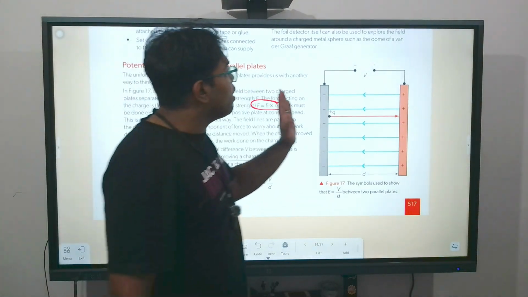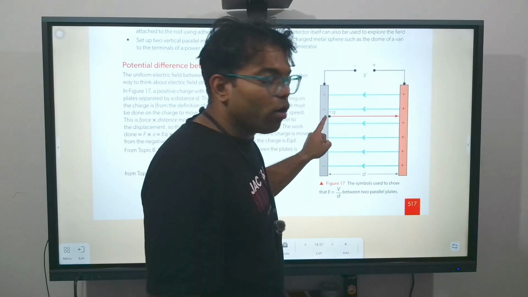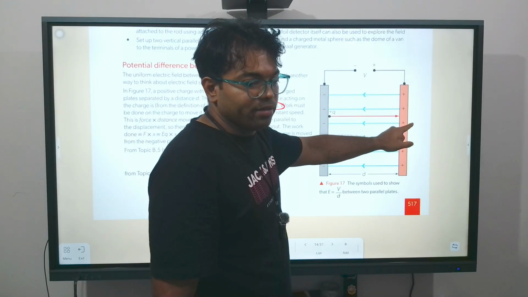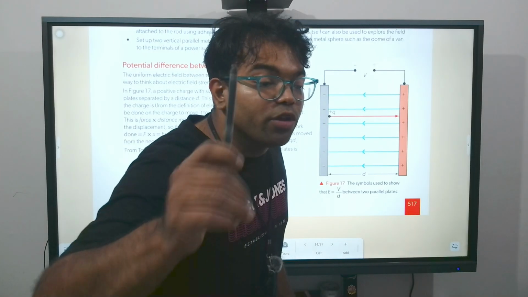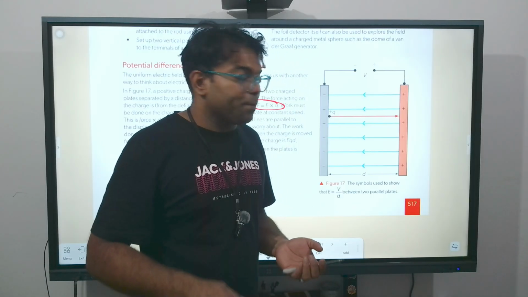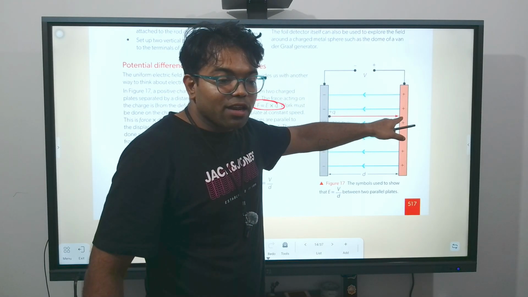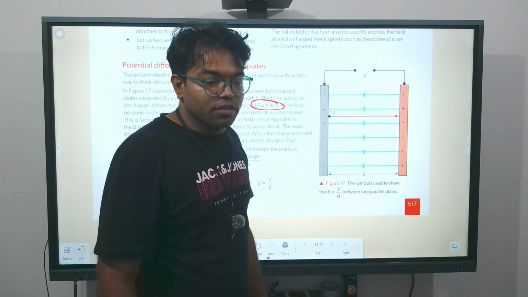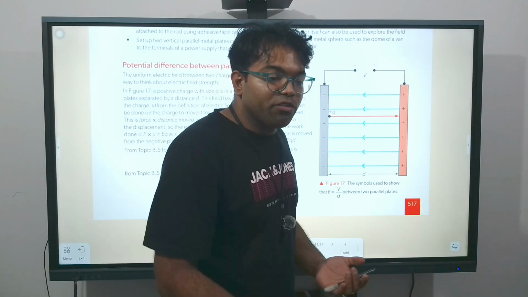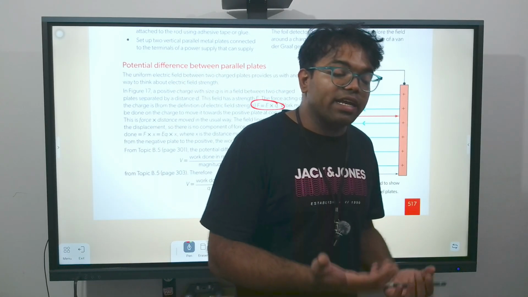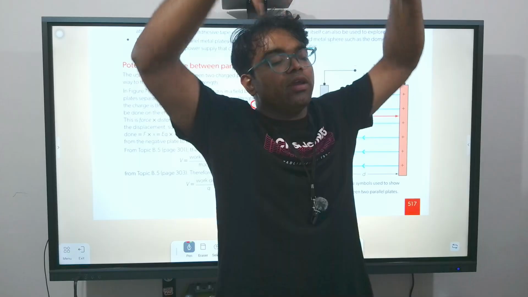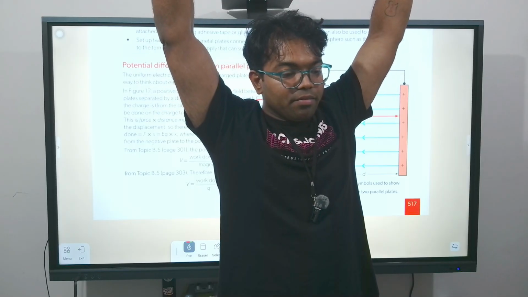Okay, so all you are doing is some work, to bring a unit positive charge, small q, from this negative plate to this positive plate. How much work do you have to do? For example, Akshay, the field lines originate from the positive charge and terminate in the negative charge. Similarly, the gravitational field originates from the earth and moves towards space.